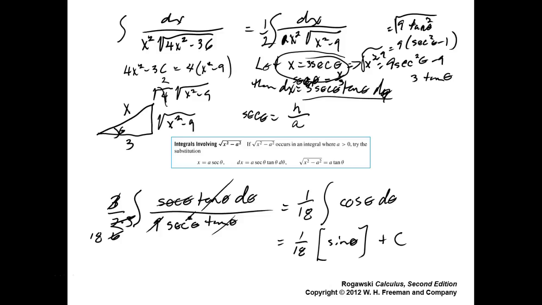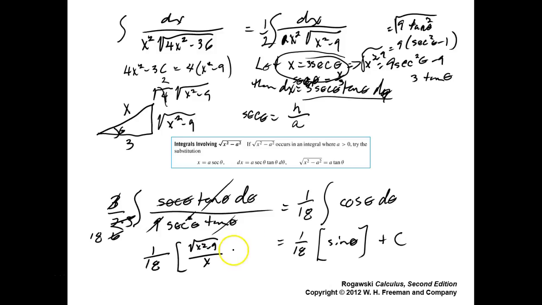The other side is the square root of x squared minus 9. Right? So now we have 1/18 times, we have what the opposite side is, so the sine of that then would be the square root of x squared minus 9 over x. Right?